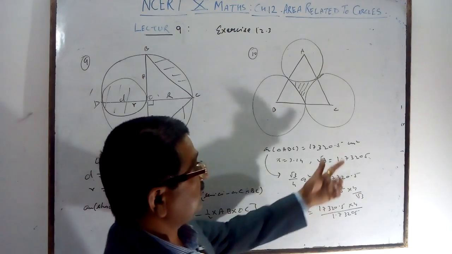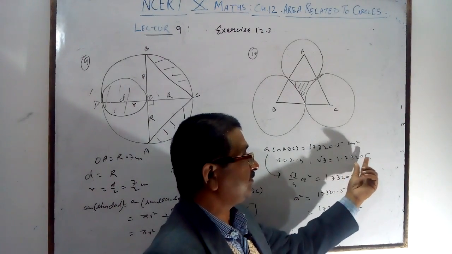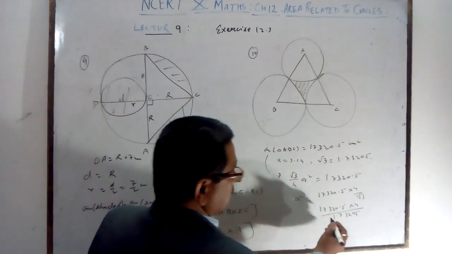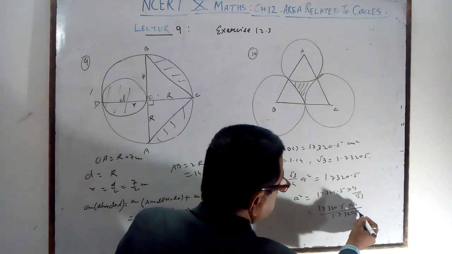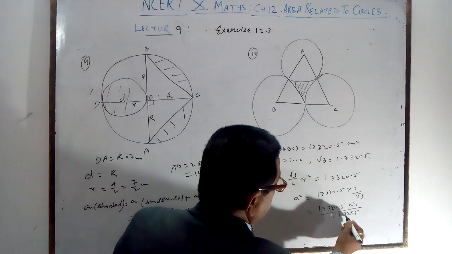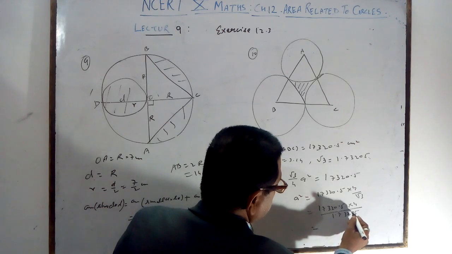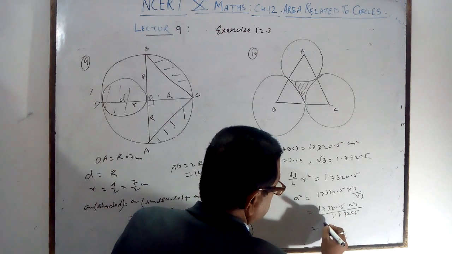Because of this area, the full value is not full, but 5 decimal places are given. So decimal places will be removed. Here 1 decimal place is there, and here 1 2 3 4 5. So 4 zeros will be increased there.